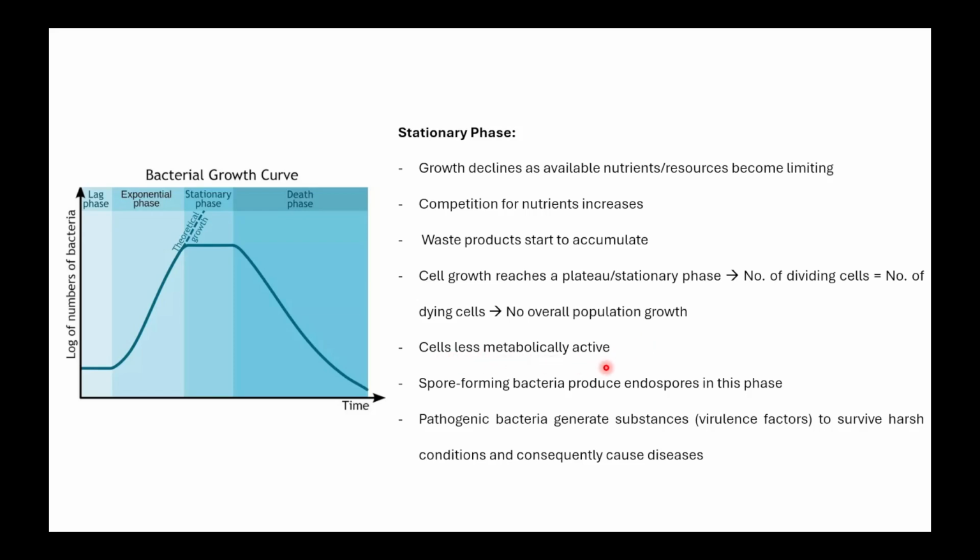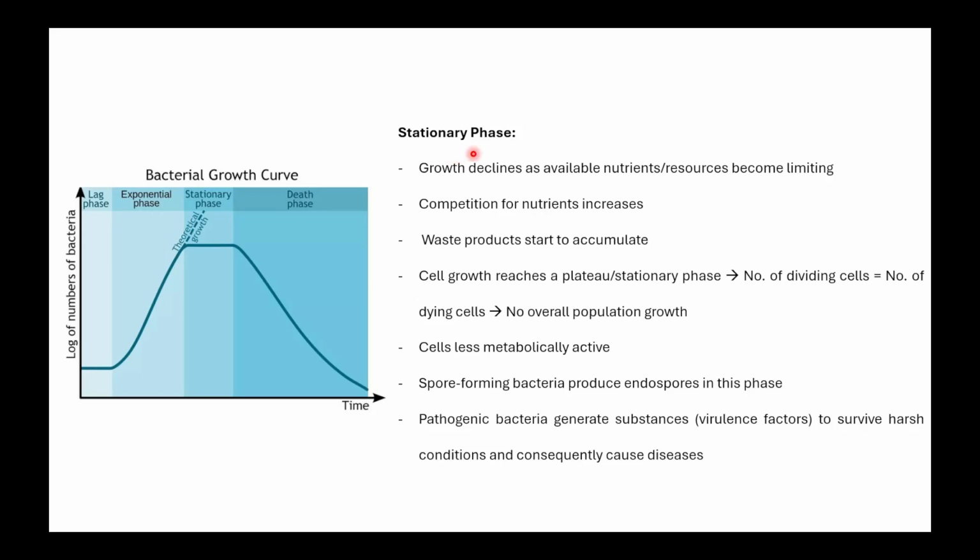So cells become less metabolically active because the competition or the paucity of resources came in, and they couldn't really divide with as much efficiency as was seen in the exponential phase.